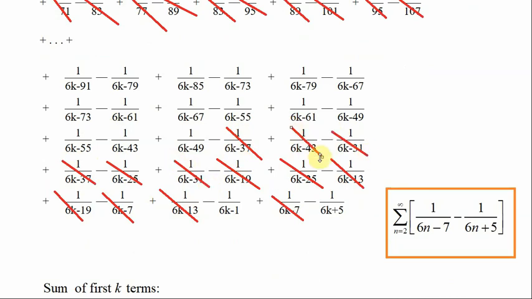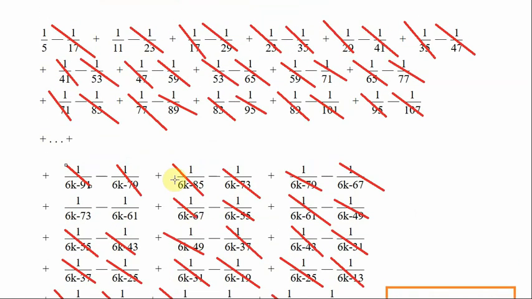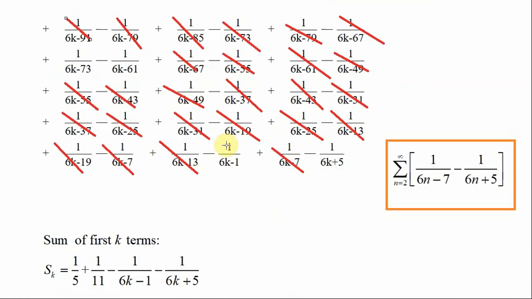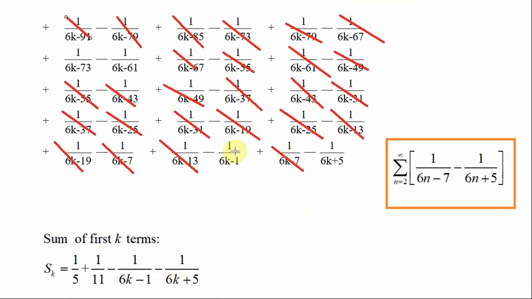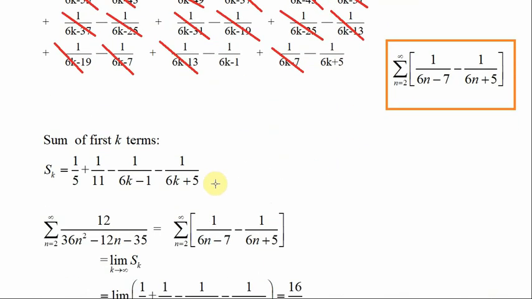So eventually all of these terms here also will drop out and get cancelled. And so for the kth partial sum, what's left is 1/5, 1/11, minus 1 over 6k minus 1, and minus 1 over 6k plus 5.